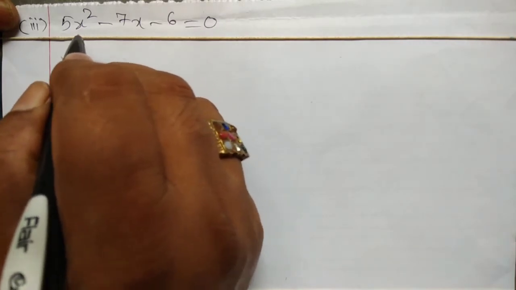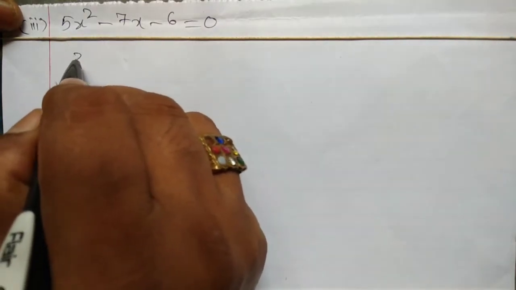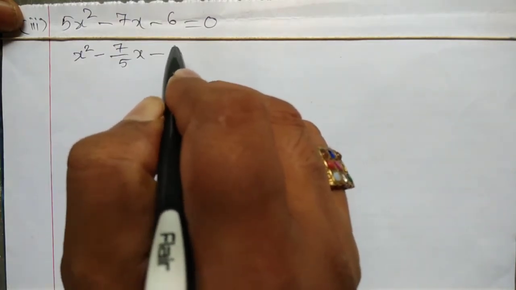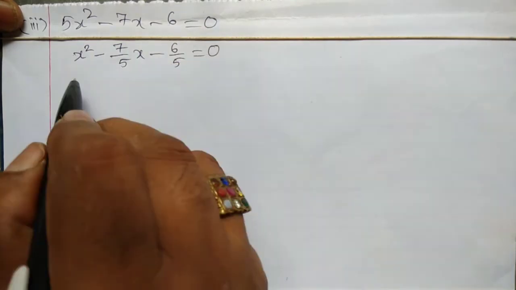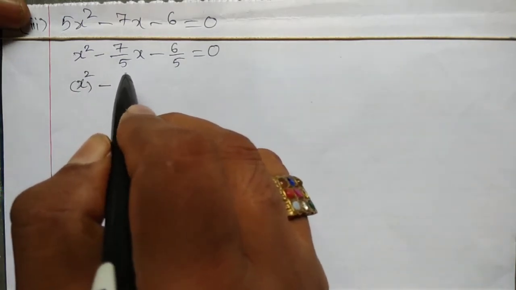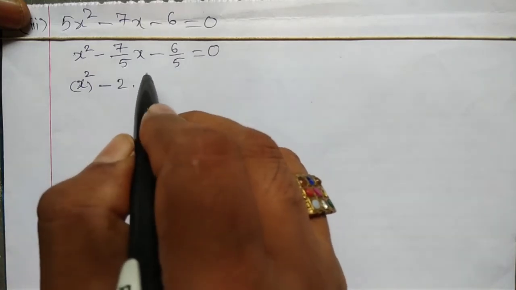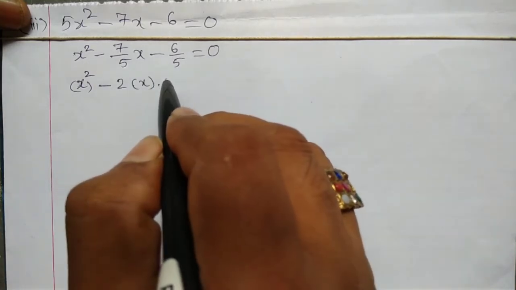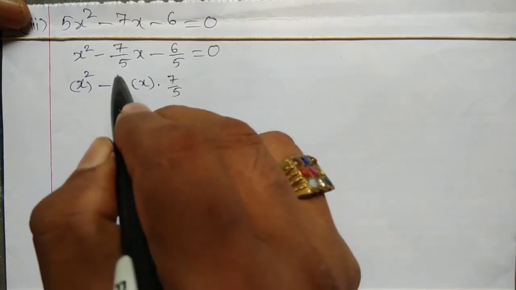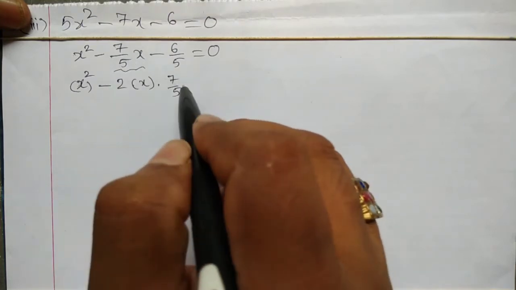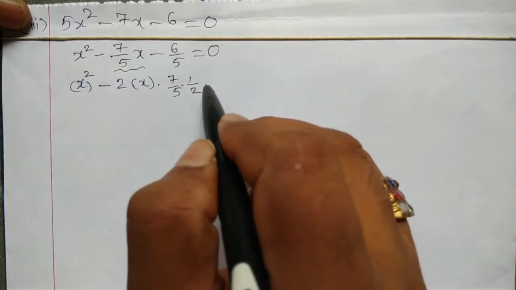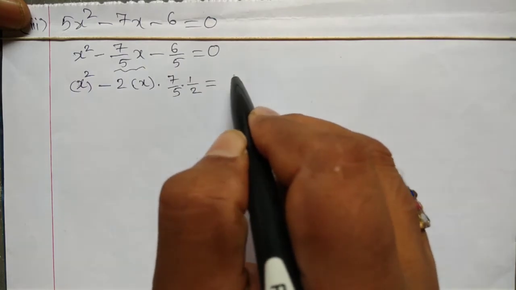Dividing on both sides by 5, we get x square minus 7 by 5 x minus 6 by 5 is equal to 0. x square minus 2 into x into b, that is 2ab, 7 by 5, but here it is not satisfying this term, that's why we have to divide by 2. 2 to cancel, then we can get this term is equal to 6 by 5.